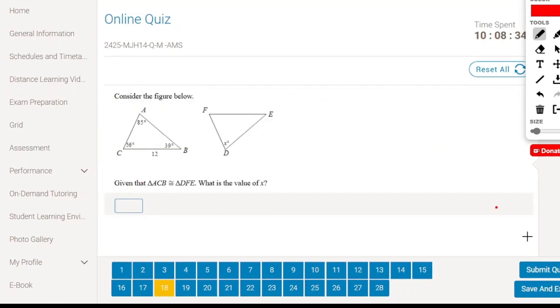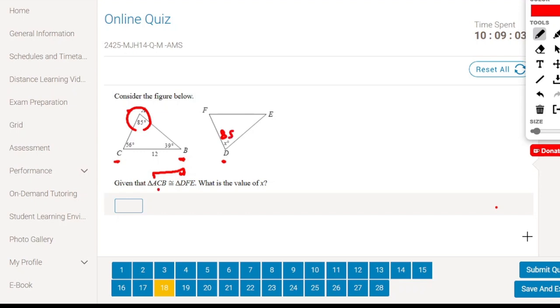Question number 18. Consider the figure below. I have these two triangles. Given that triangle ACB and DFE are congruent, that means angle A is congruent to angle D. Angle A is 85, so angle D will be 85.